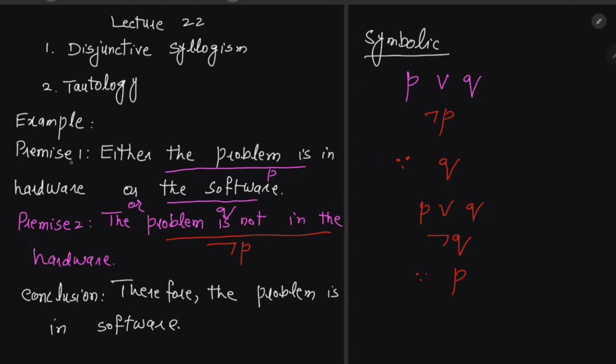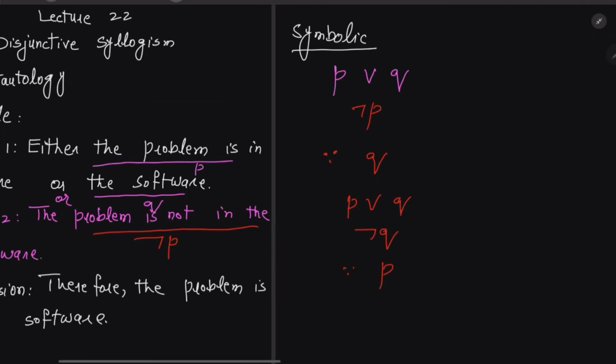So now the question is how to write the tautology. In tautology, we need to write the arrow. This is the one thing that we have to do beforehand.